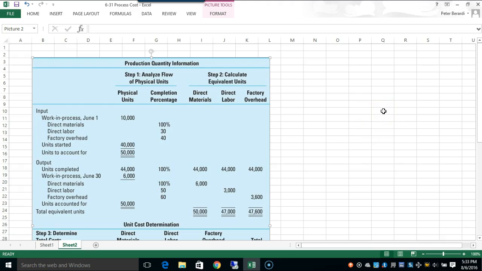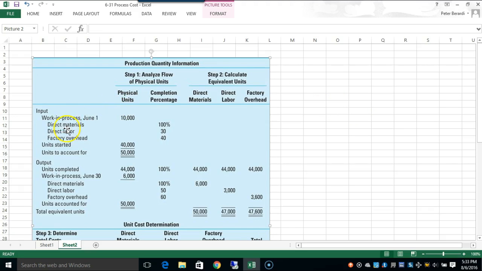So the approach here is just simply, instead of having conversion costs, you're breaking out your conversion costs into two columns, and you're doing a little more work, but it's essentially the same steps, the same theory. So let's just go through our problem quickly.